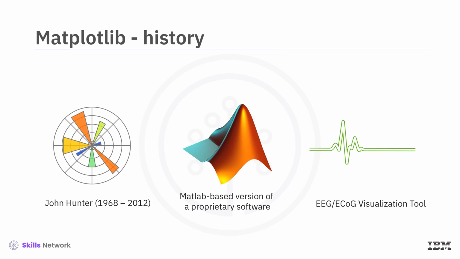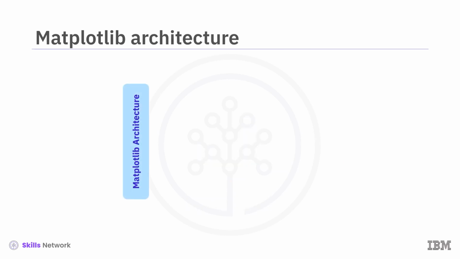As a result, Matplotlib was initially developed as an EEG and ECoG visualization tool, and just like MATLAB, Matplotlib was equipped with a scripting interface for quick and easy generation of graphics represented by the plot. As for Matplotlib's architecture, it's composed of three main layers.